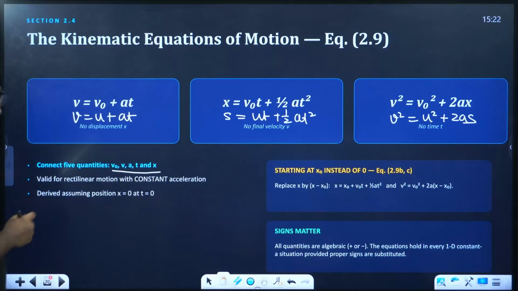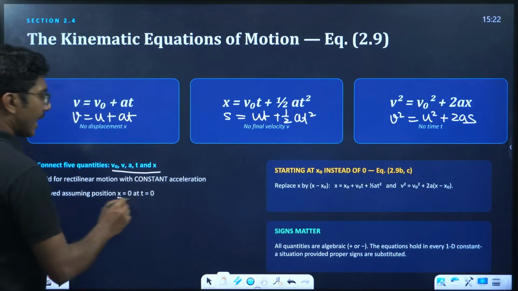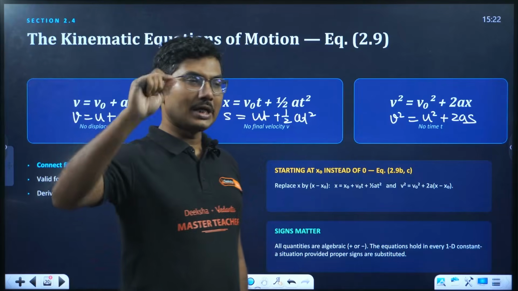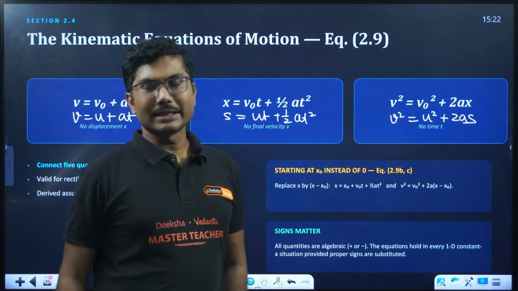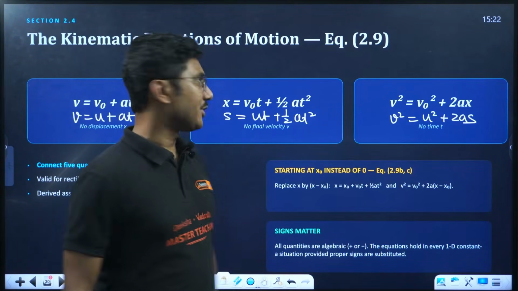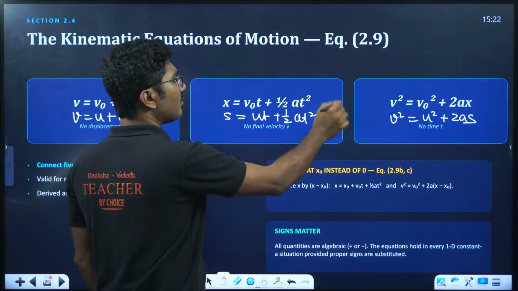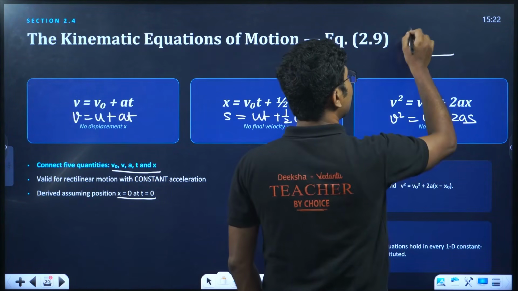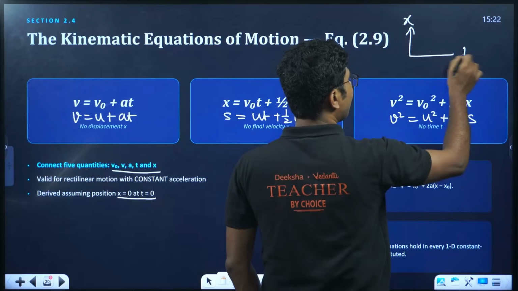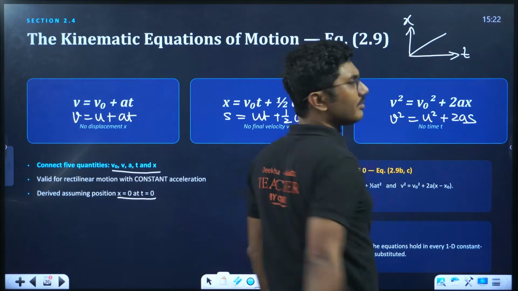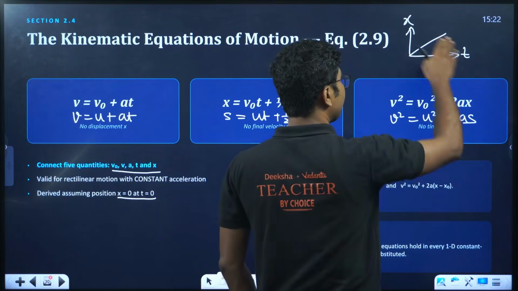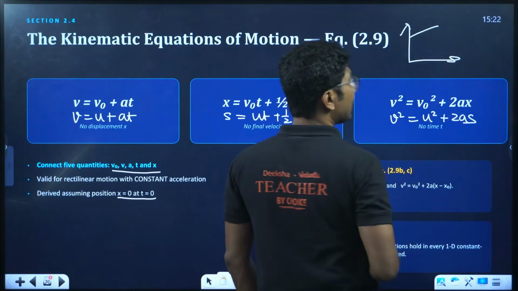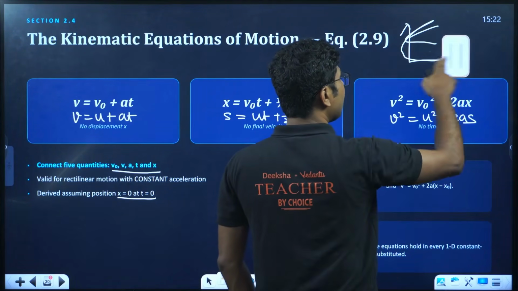These are derived assuming the position x is 0 at t equals 0. When the initial position x is 0 at time t equals 0, otherwise you need to add one more position term. Generally in x-t graphs, we always assume position 0 at time t equals 0, not for velocity-time graphs. Velocity-time graph can be like this, but position-time graph is not that.